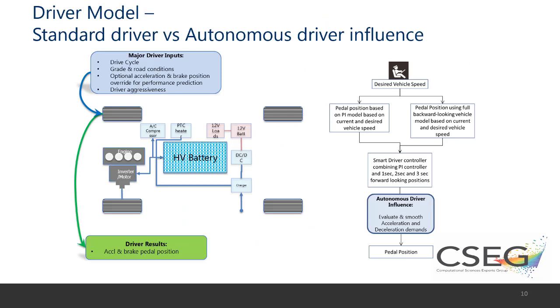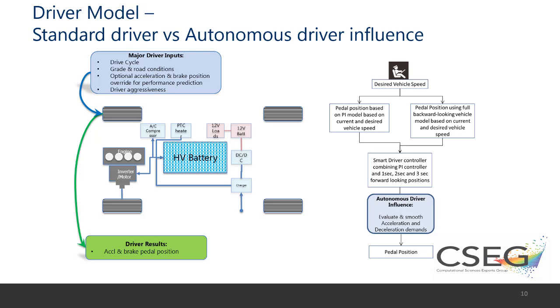The second big submodule to look at is the driver submodule. This is critical because we are particularly interested in looking at the autonomous driver influence on the vehicle. The driver model uses the drive cycle as the input, the road conditions, the grade, and a few other parameters for the controller itself. But the driver model is quite complex.